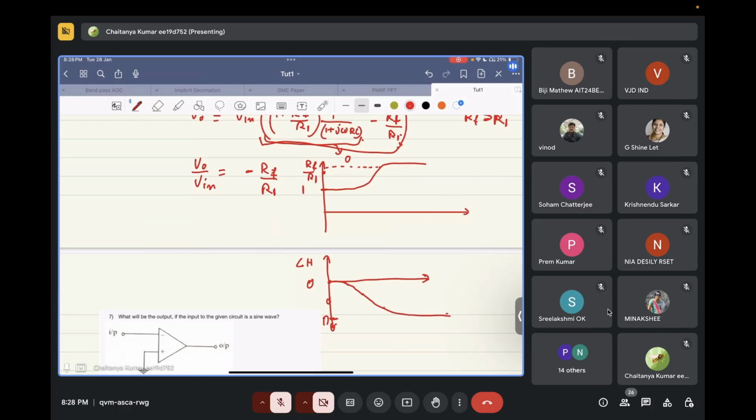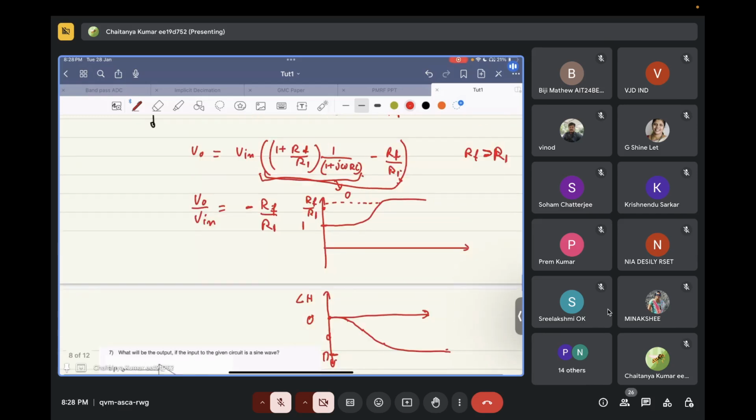Somewhere in between it will go through minus pi by two also, but eventually it will settle at pi, or minus pi for that matter, because at omega equal to infinity our gain is minus RF by R1. Is this clear?